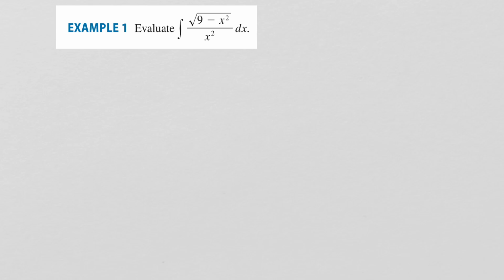So in our first example, we would like to integrate the square root of 9 minus x squared divided by x squared. So I'm going to focus on the fact that I have 9 minus x squared, and you can think of that as 3 squared minus x squared. In this situation, the trigonometric substitution to make is to let x equal 3 times the sine of theta.